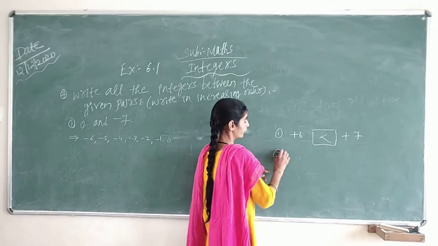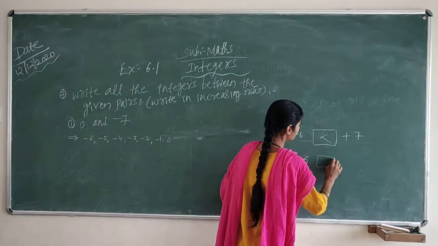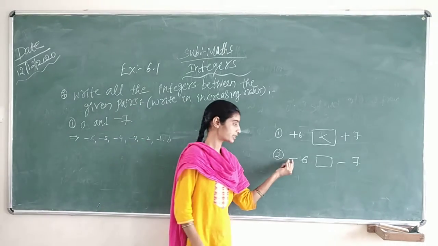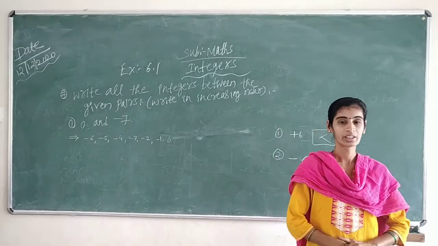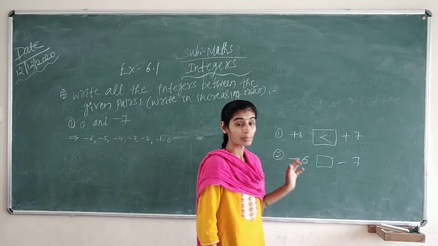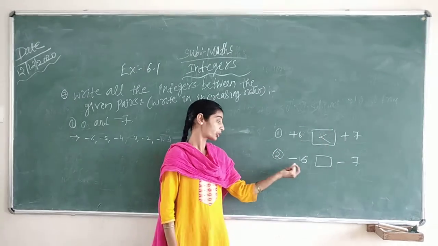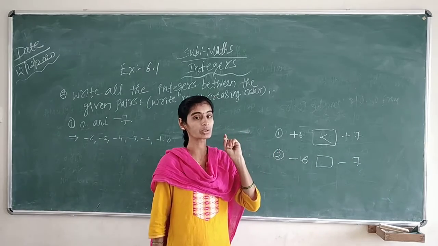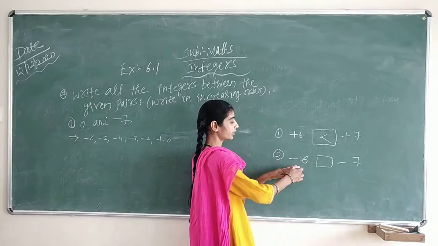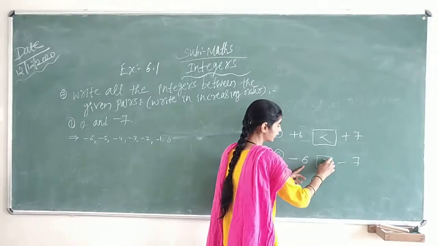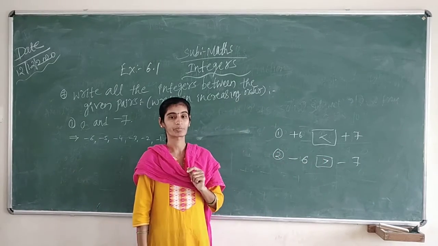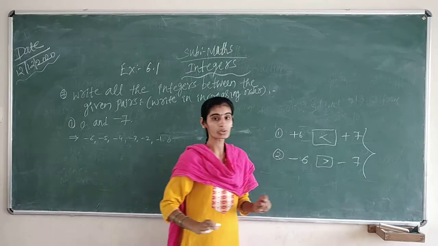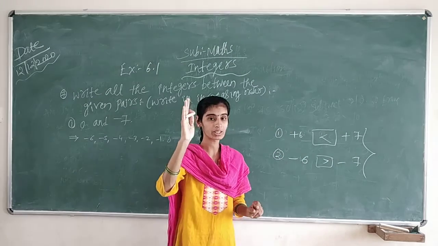But when the numbers are minus 6 and minus 7, which will be greater? Whether minus 6 or minus 7, children? Yes. When the numbers are negative, the smallest number will be the greatest. Keep in mind, children, at that time minus 6 is greater than minus 7. Got the difference? When the numbers are positive, the highest number will be the greatest.